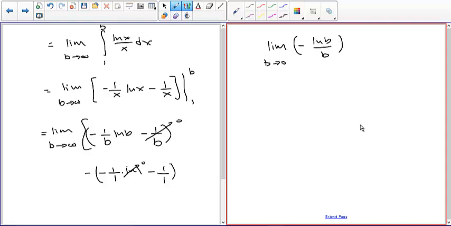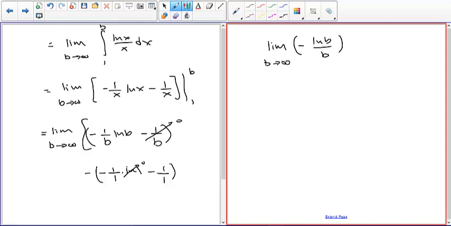So just thinking about it before we use L'Hopital's rule, does anybody have any idea what that might be? Usually, a lot of times with L'Hopital's rule, it's either 0 or it's undefined.